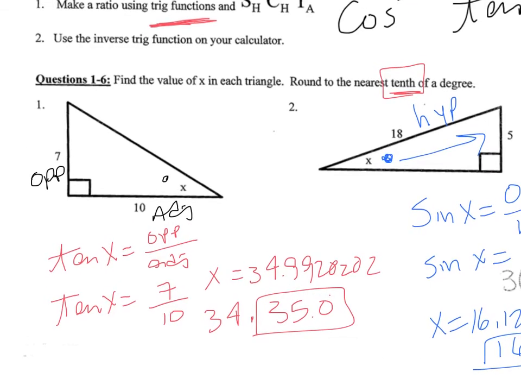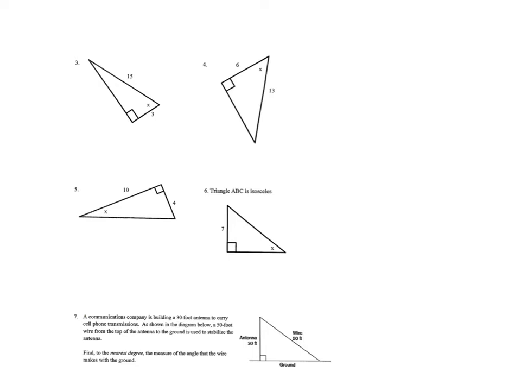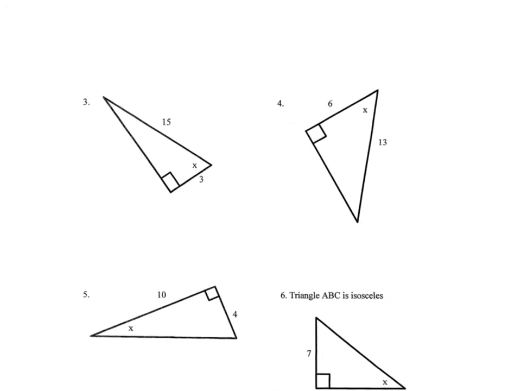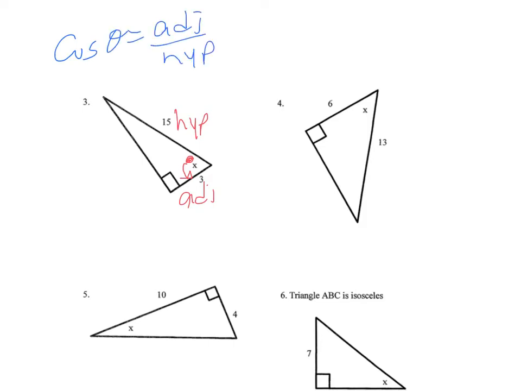Okay, now we're going to take a look at these questions. We'll start with number 3. We'll pretend that I'm standing here. This is definitely my adjacent side, and this is in fact my hypotenuse. So the trig function that I'm going to use is cosine. I'm going to write cosine of theta is equal to adjacent over hypotenuse. Then I'm going to write cosine of x is equal to 3 over 15.